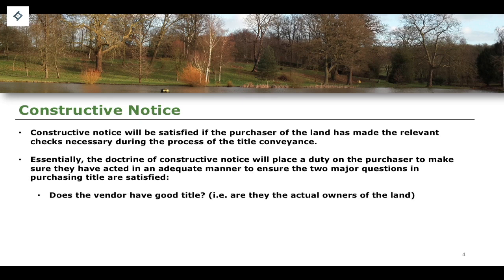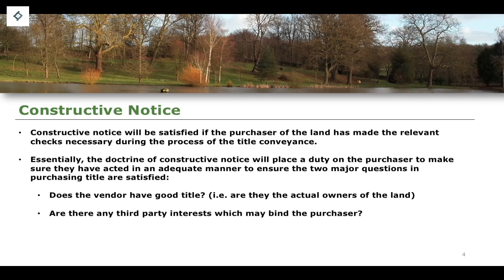So the first question, of course, is, does the vendor have good title? I.e., does the person who is selling the land have the title to actually be able to sell the land? Are they the actual owners of the land? And then the second question is, are there any third-party interests which may bind said purchaser?